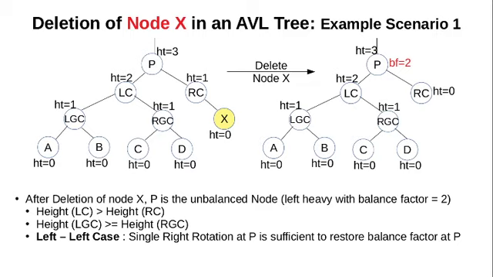Note that in this case, the height of LGC is the same as RGC, and we can consider LC as left heavy. As P is left heavy and its child LC is also left heavy, this is the left-left case, and a single right rotation at P is sufficient to restore the balance factor in the permissible range of -1 to 1 in this subtree.